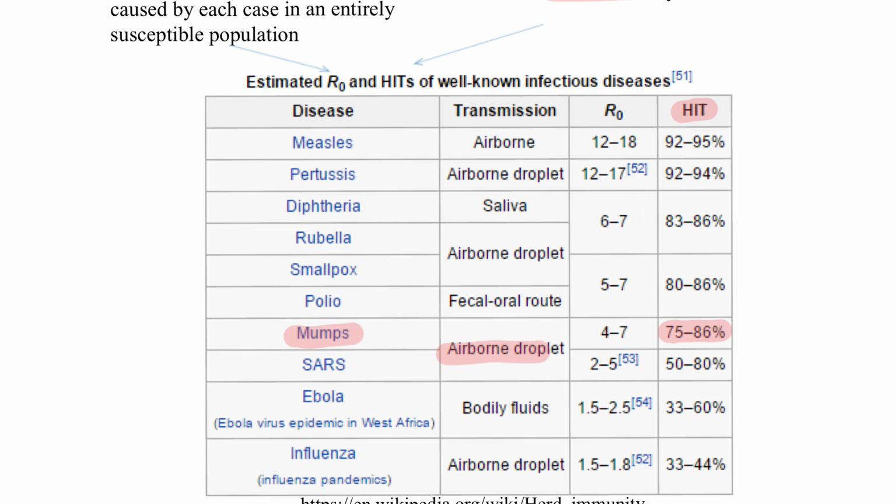Whereas something like flu, you only need to vaccinate a maximum of 44% of the population to protect the vulnerable. So it depends on the R0 number, which you're probably familiar with from all this talk on the news about coronavirus: the average number of new infections caused by each case in a population where nobody is vaccinated, and the transmission.